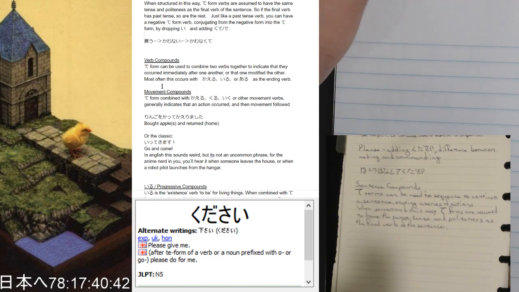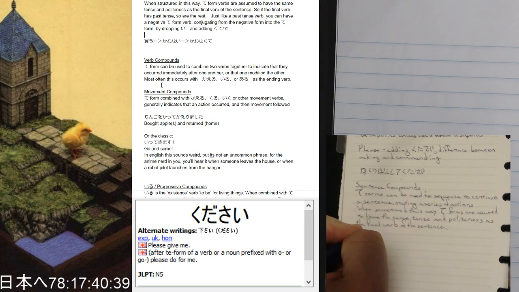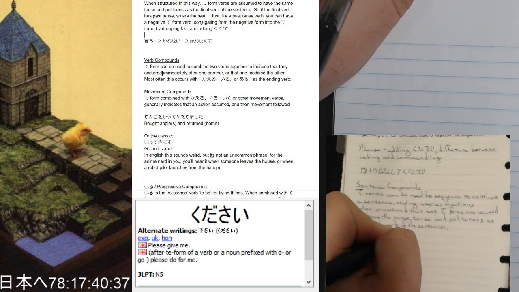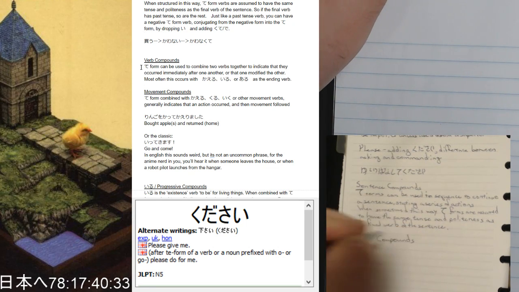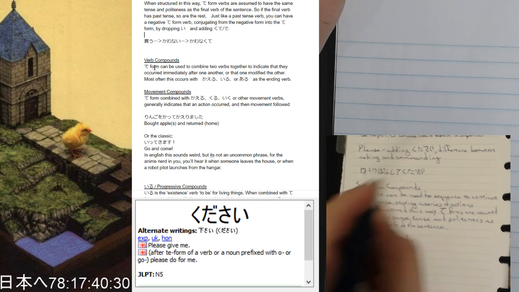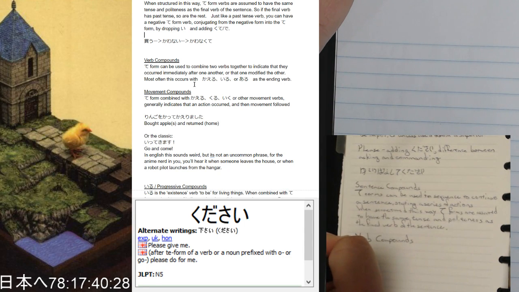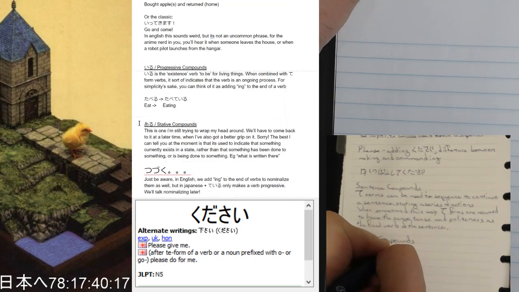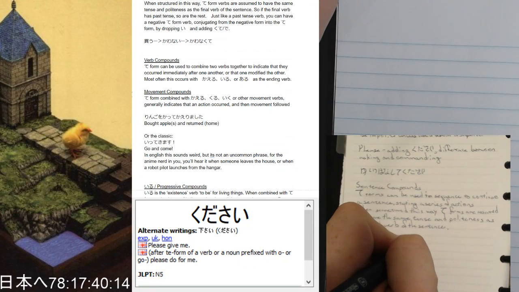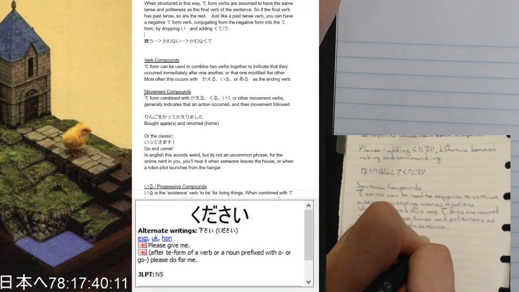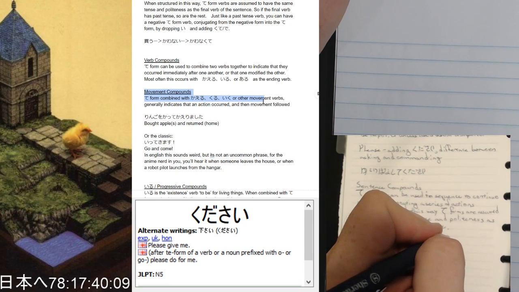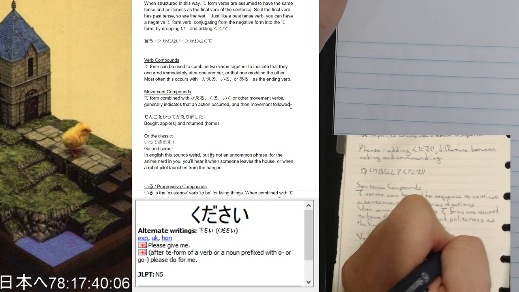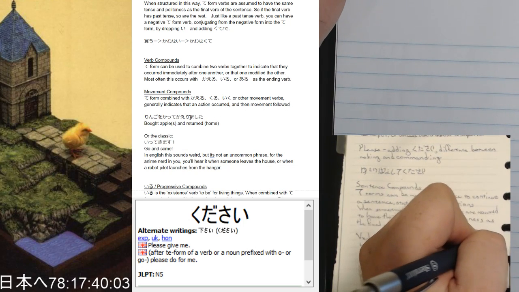Right, so verb compounds. This is a way you see te form used a lot. Te form allows you to combine more than one, usually just two verbs together. A common way, and I broke this down into several different ways, is movement verbs being slapped at the end or at the beginning of something.